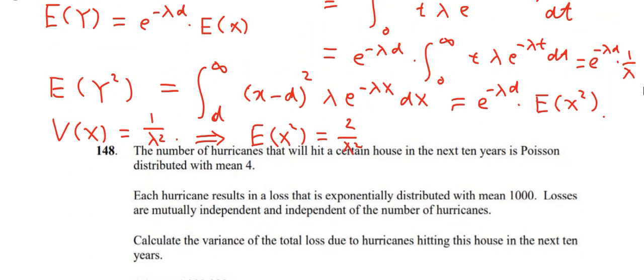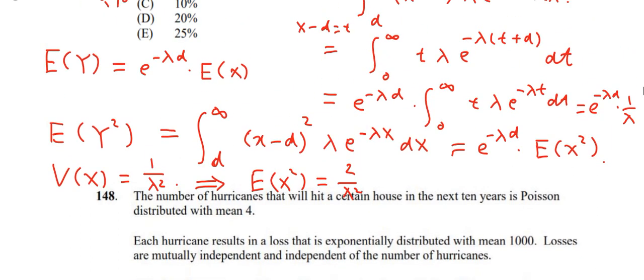Let's put it here. So we can find the variance of Y. V[Y] equals E[Y squared], which is e^(-lambda d) times 2 over lambda squared, minus E[Y] squared, where E[Y] is e^(-lambda d) times 1 over lambda.